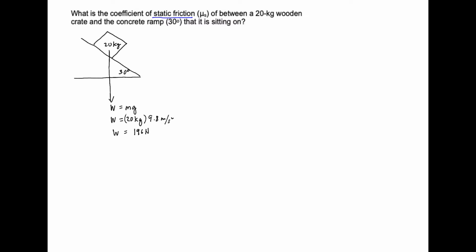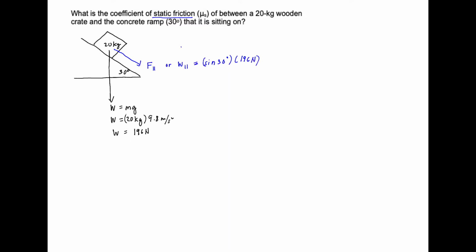Now, if we try to identify the forces here, we're gonna have the force parallel, or simply the weight parallel. And from our previous discussion, the weight parallel would be equal to sine of 30 degrees multiplied by 196 newtons.